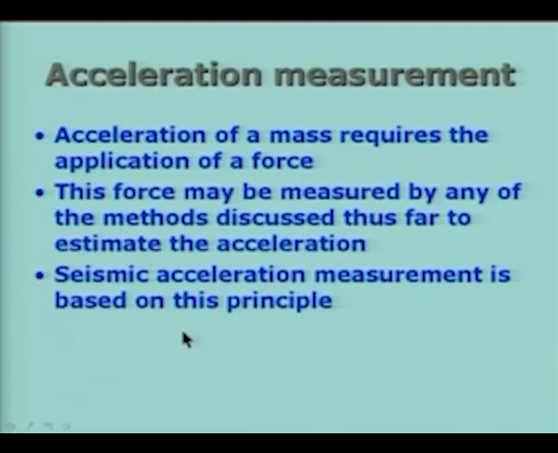When we are talking about mass and force, the obvious thing to talk about is also the acceleration. The measurement of acceleration is, as I said earlier, very important in many applications, and a few of them we have already gone through. It is based on Newton's law of motion, which says that force is equal to the mass times the acceleration.